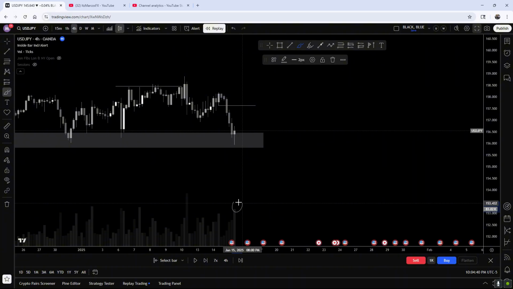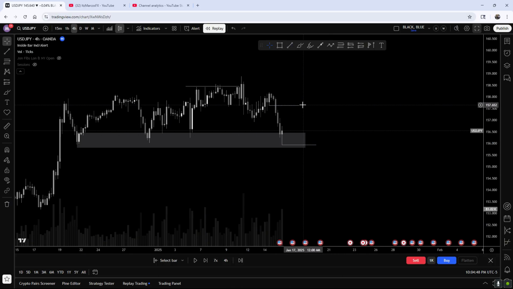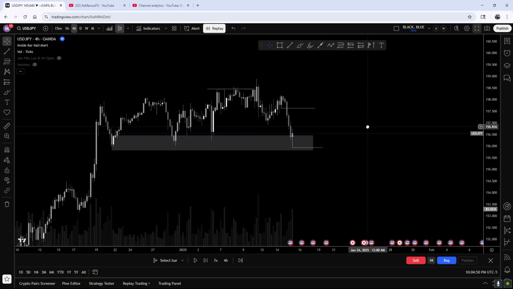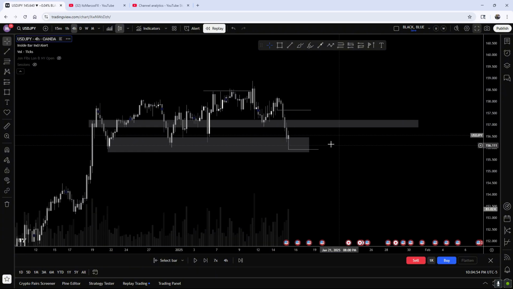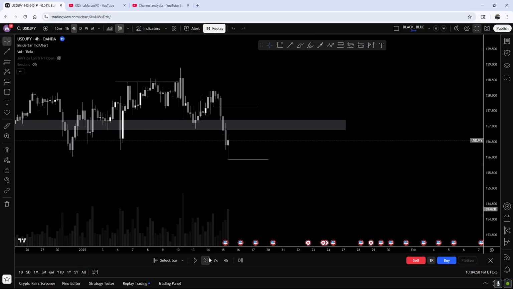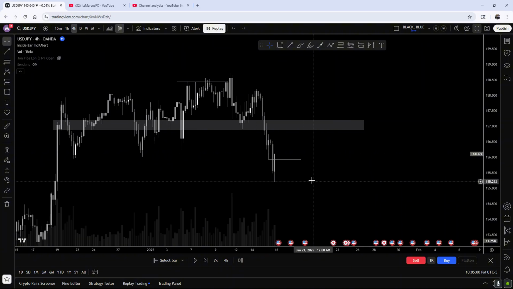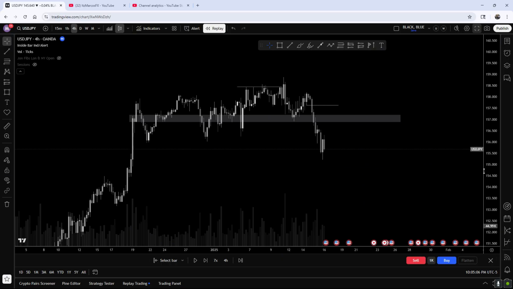Currently creates that strong volume, so I know I want to still break this low. So this kind of gives me confirmation that we are on the sell side of the market.